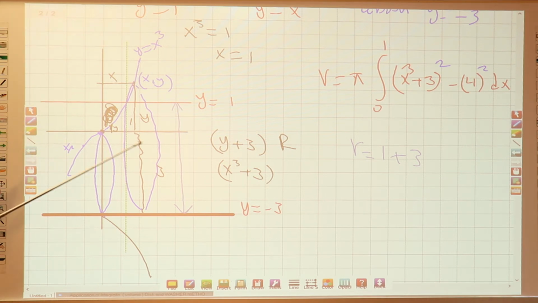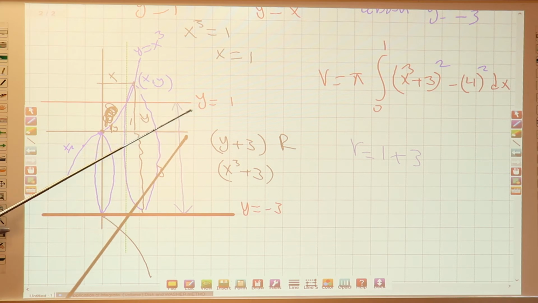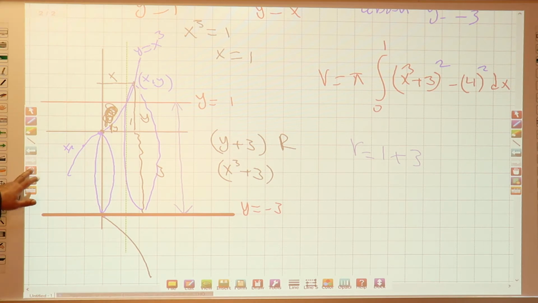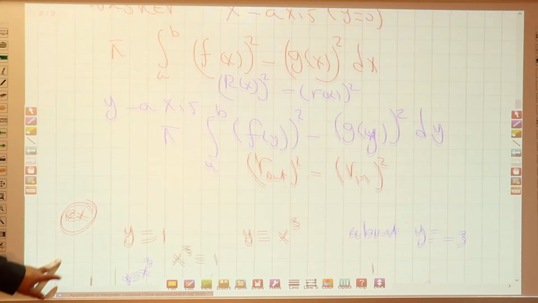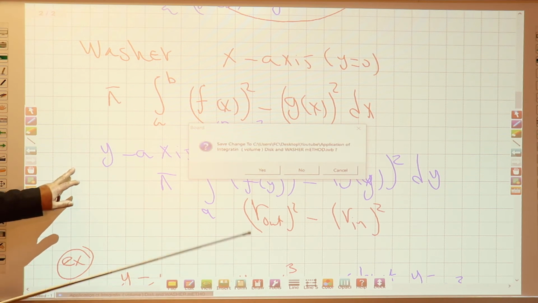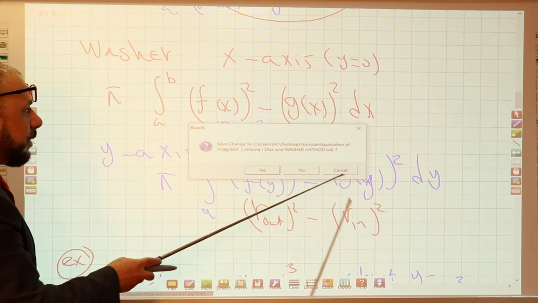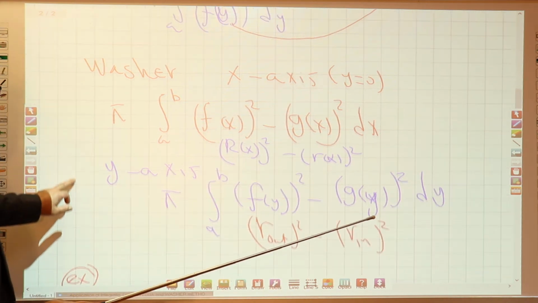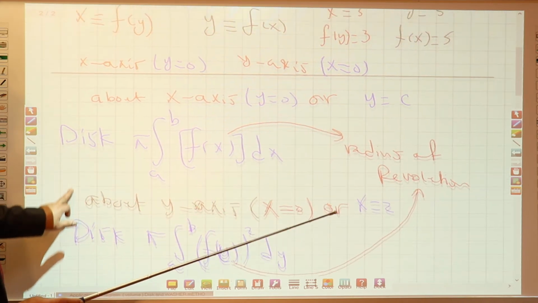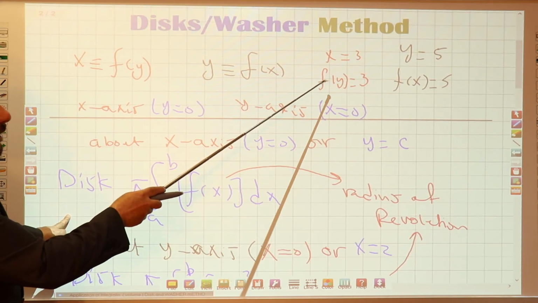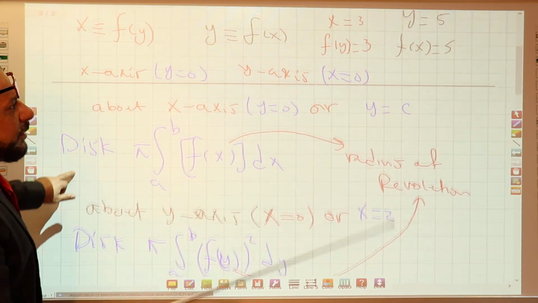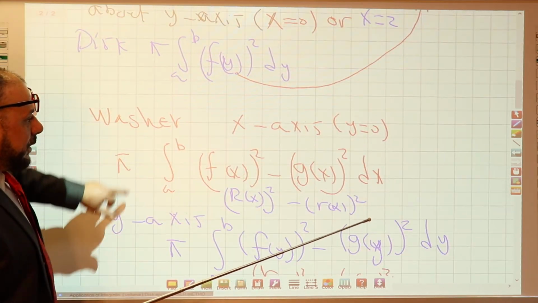Again, all you need is, because we have two functions, y equals 1, meaning f of x equals 1. I told you this one before. If you go back to what I mentioned at the beginning, x equals 3, y equals 5, f of x equals 5.